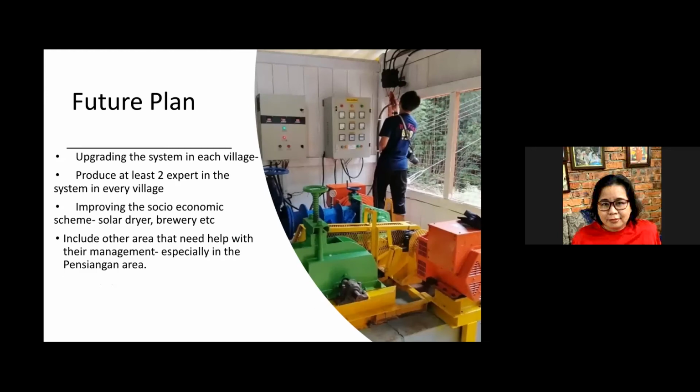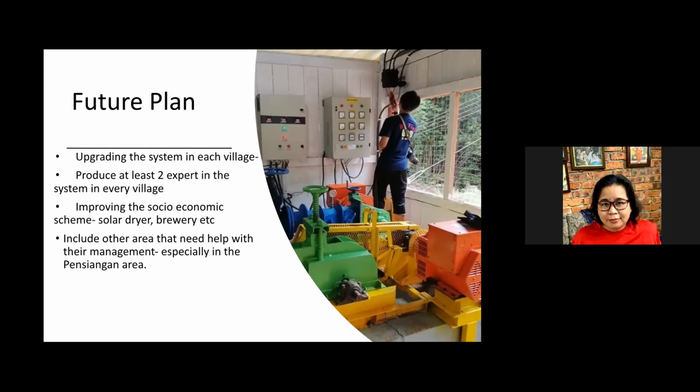For our future plan, we plan to upgrade the system in each village and also produce at least 2 experts in the system in every village. We want to improve the socio-economic scheme, like producing a solar dryer or brewery in the kampung, because in the village they have a lot of free-flowing water, and also in the powerhouse there is a lot of unused energy, especially that which goes to the ballast.